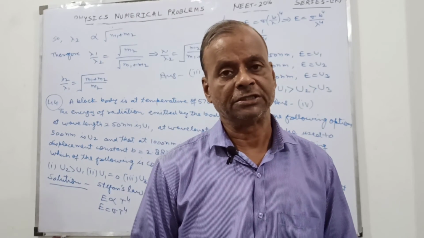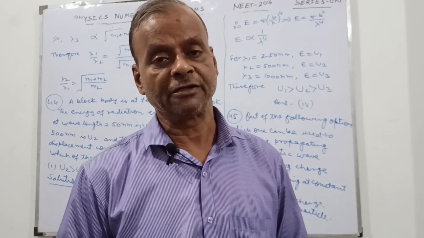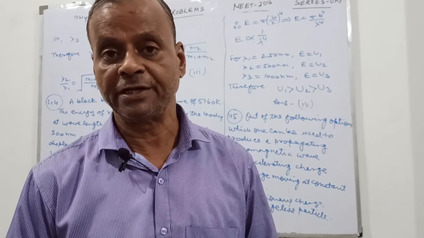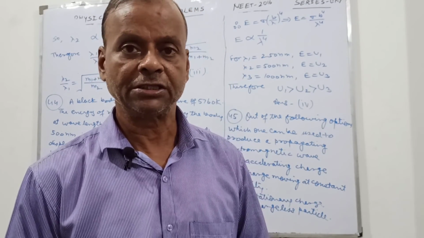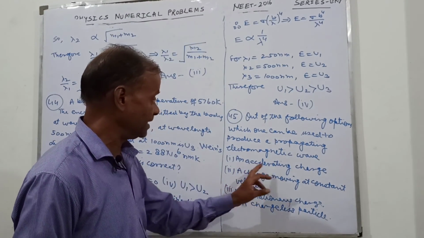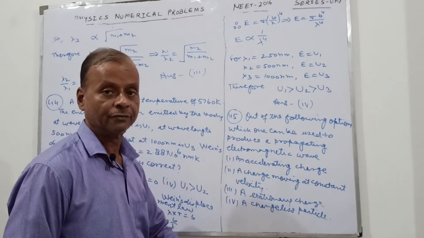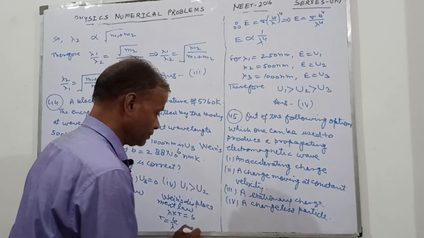So when the charge is accelerated, it produces electric field, magnetic field and the electromagnetic radiations, all three quantities. So when the charge is accelerated, it will produce the electromagnetic wave. So our right answer is the first one.